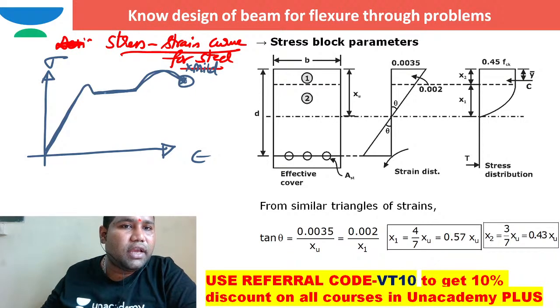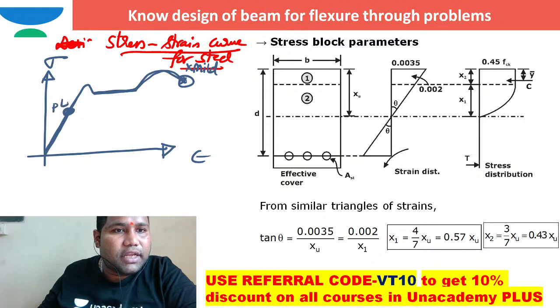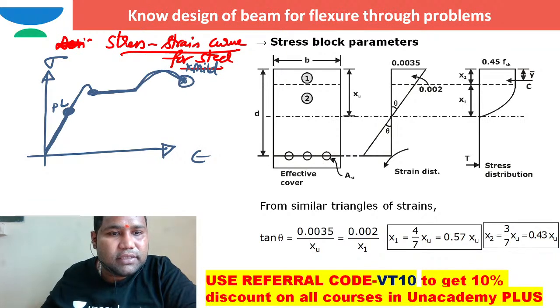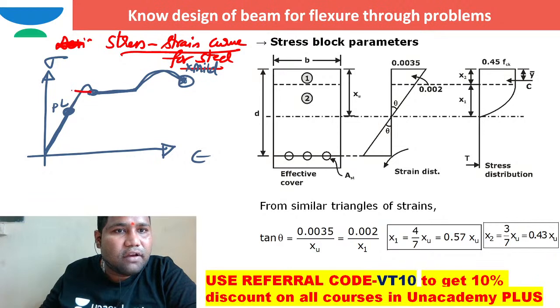I just want to say here this point is nothing but the proportionality limit. This point is nothing but yield, the yield stress. I can clearly say this is yield stress, Fy, right? At yield stress, generally for mild steel, what is the strain that is possible?